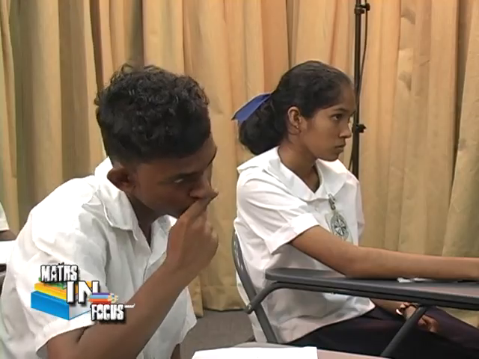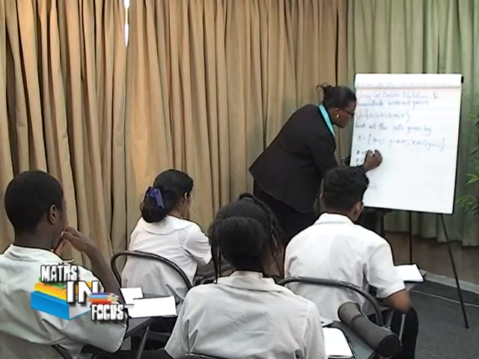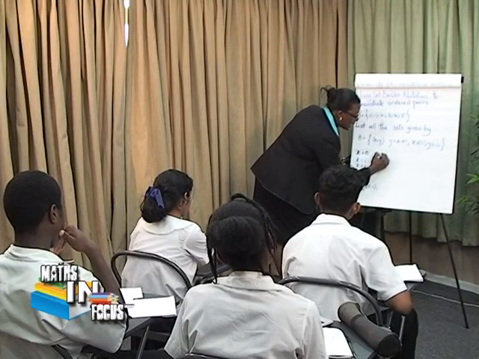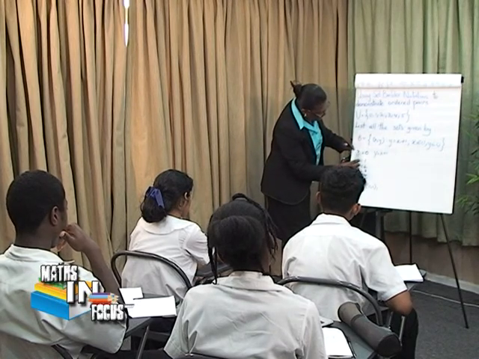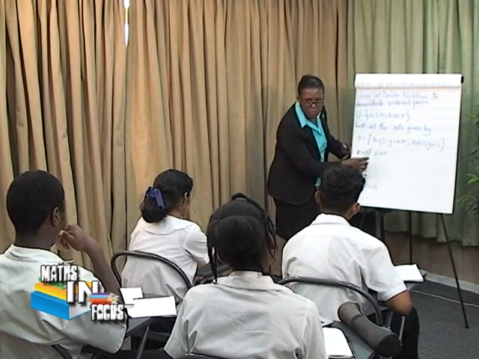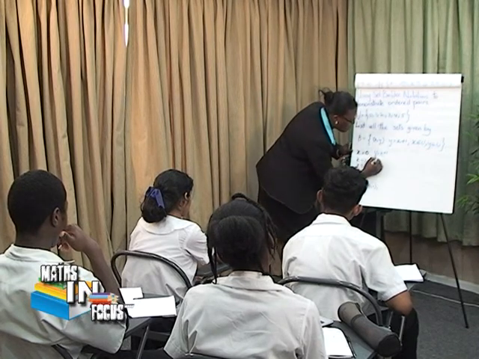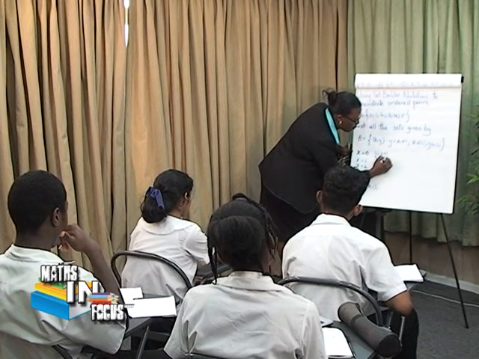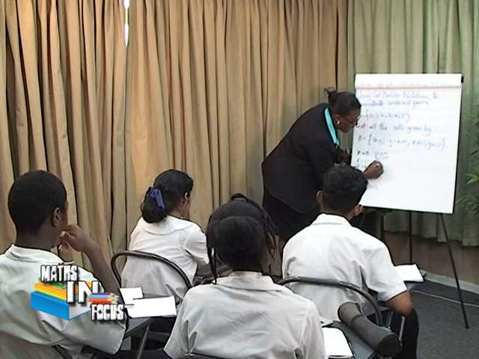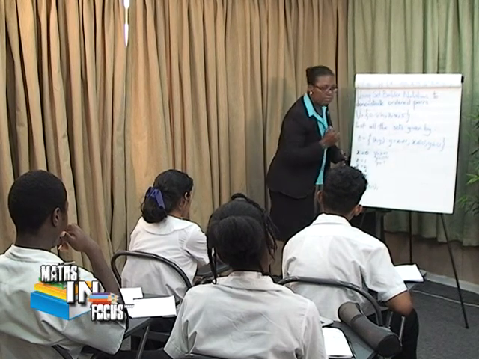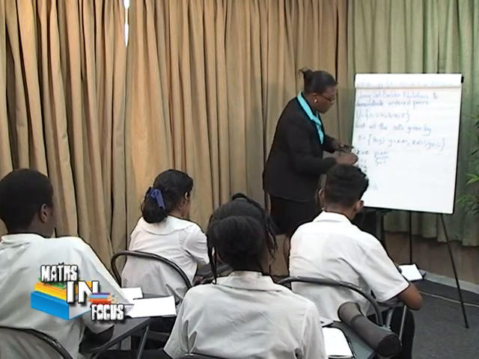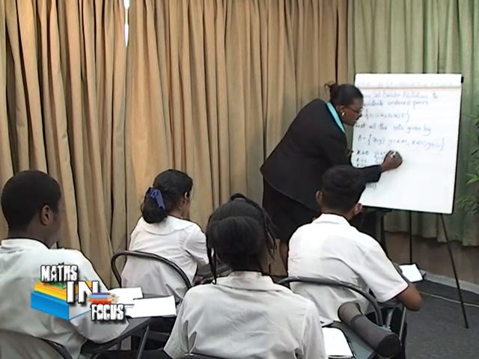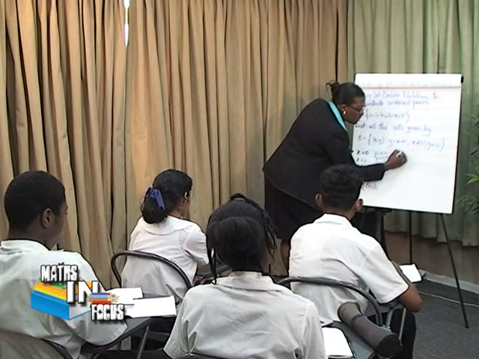According to this set here, Y is equal to X plus 1. Now when we look across here, we see X is equal to 0. So we're going to substitute. Y is equal to 0 plus 1. Y is equal to 1. So our first ordered pair, when X is equal to 0, Y is equal to 1.